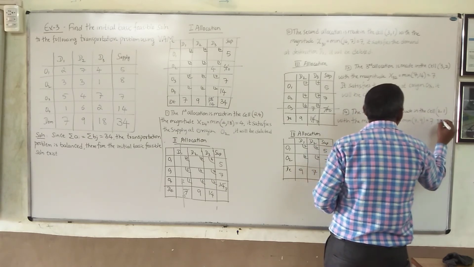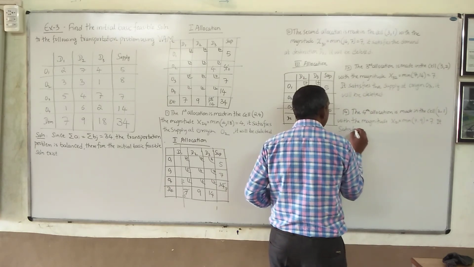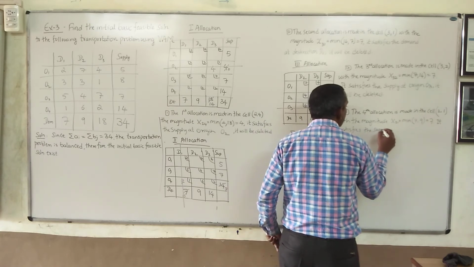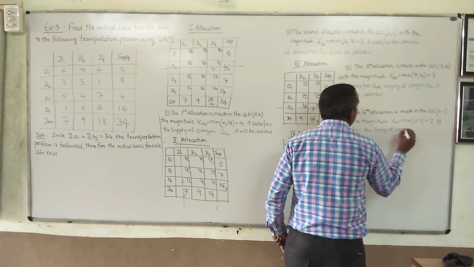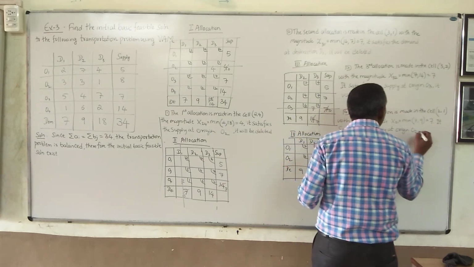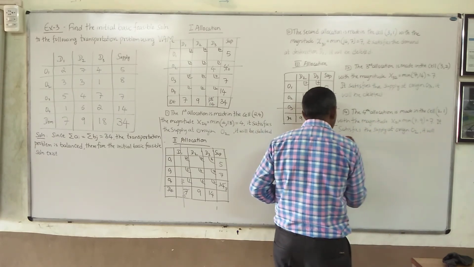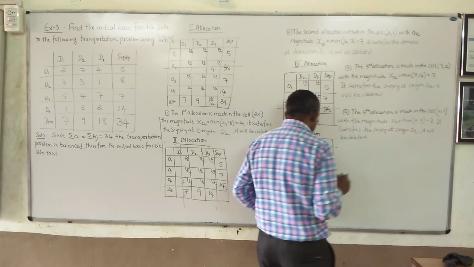So it satisfies the supply at origin O2, it will be deleted. And what happens here?